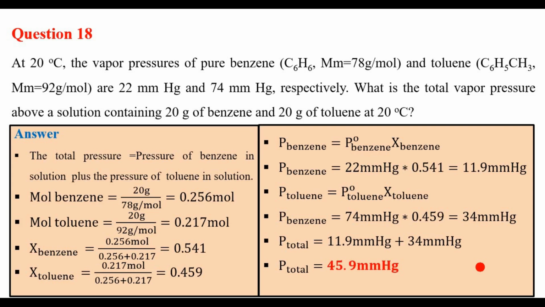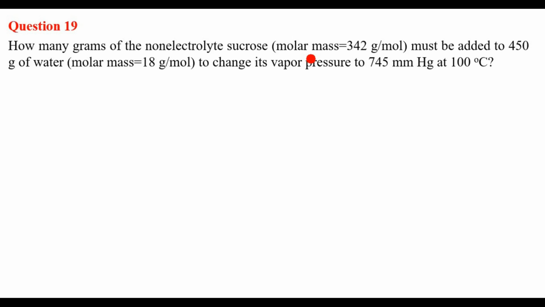Let's move to question 19. Question 19 is saying, how many grams of the non-electrolyte sucrose must be added to 450 grams of water? We have the pure solvent, which is 450 grams, and the molar mass we know for water is 18 grams per mole.